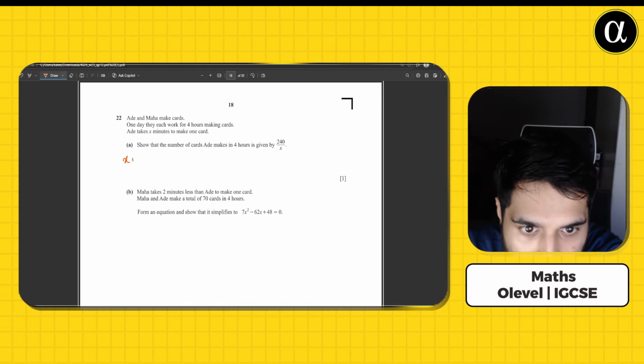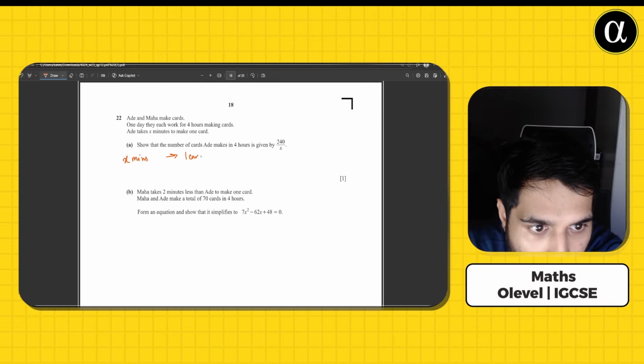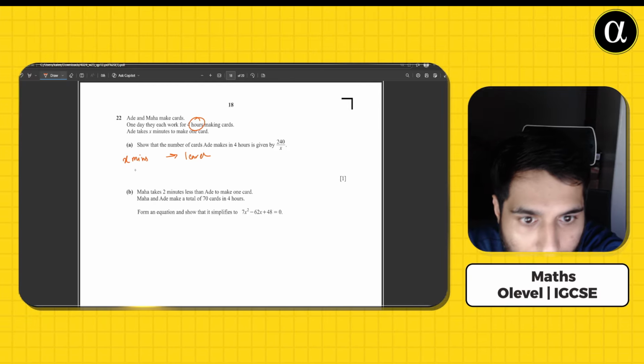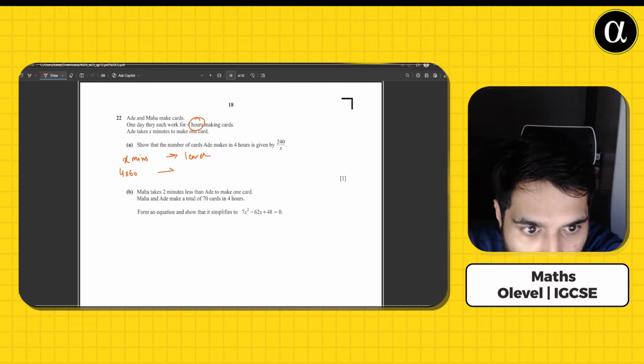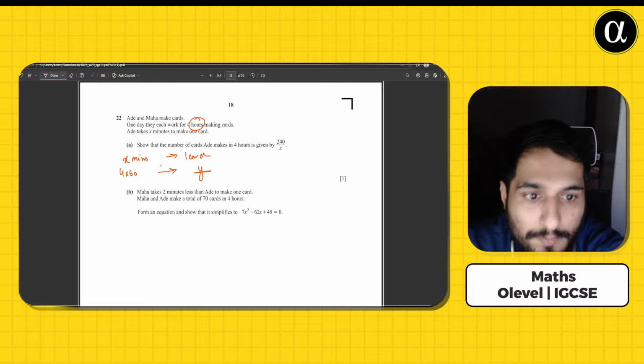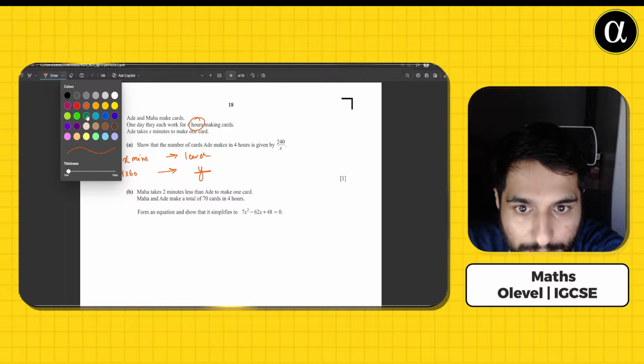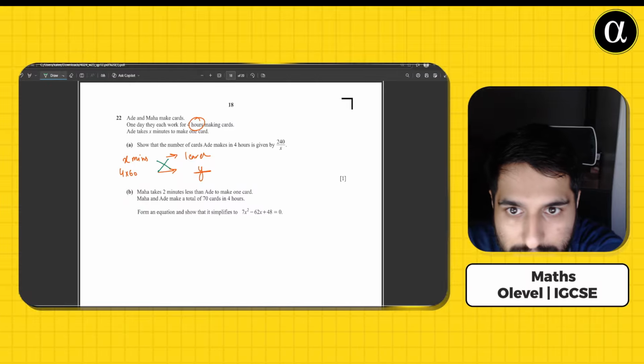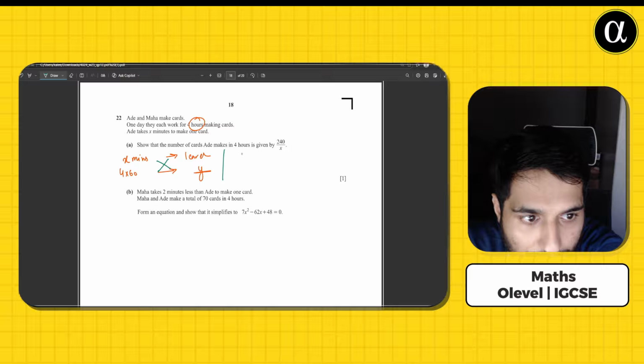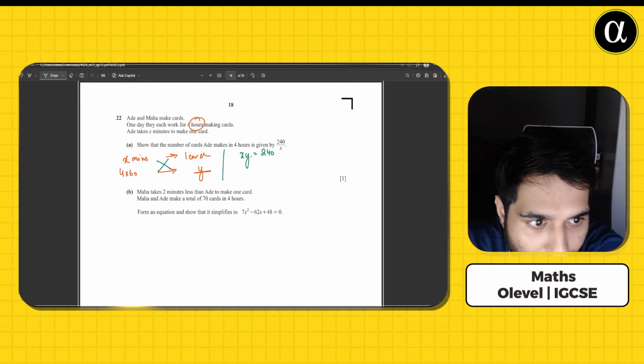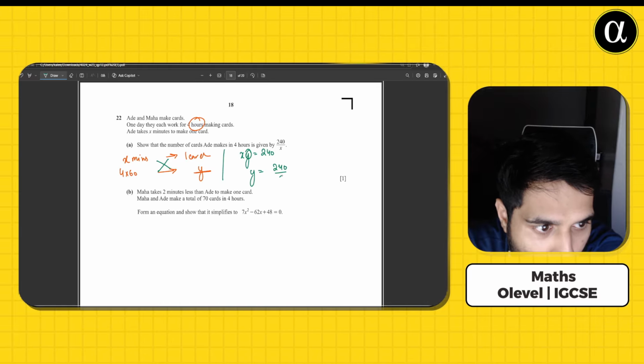So what we know is x minutes were taken to make one card, hence 4 hours would mean 4 times 60 minutes, that is 240 minutes, would mean y number of cards, right? Now we are supposed to find y, the number of cards, so we'll make it the subject by cross multiplying, and y is going to be 240 over x.